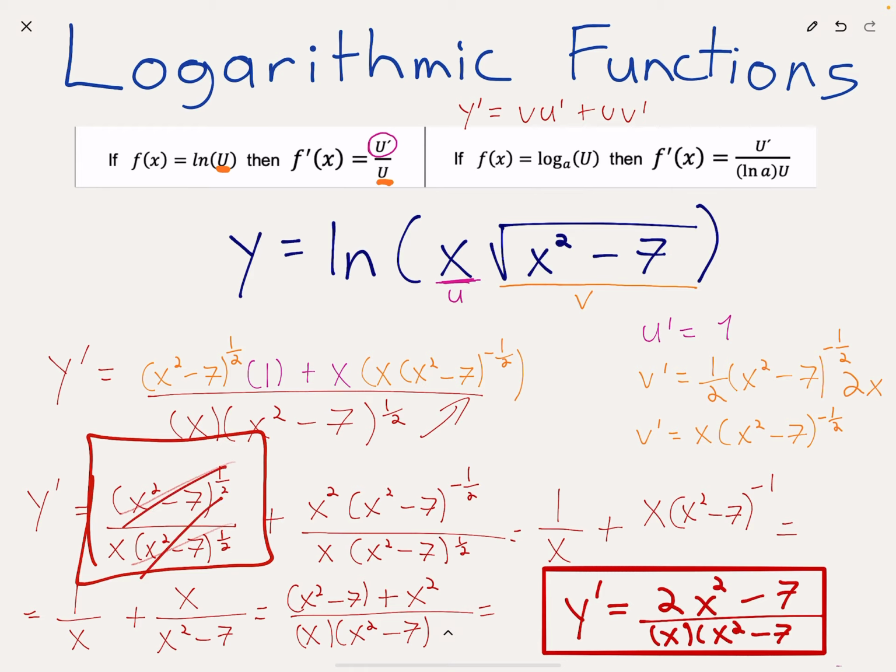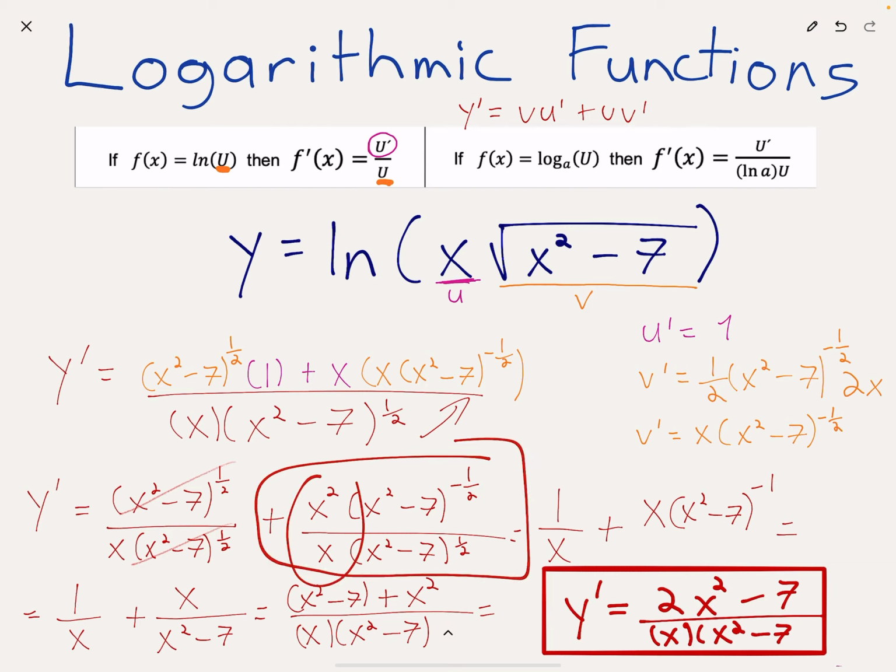So I'm able to simplify. And on the right side, we are also able to simplify these x's as 1x. And because these parentheses are exactly the same inside, the group is the same, x squared minus 7, we can apply the rules for exponents to add those exponents.